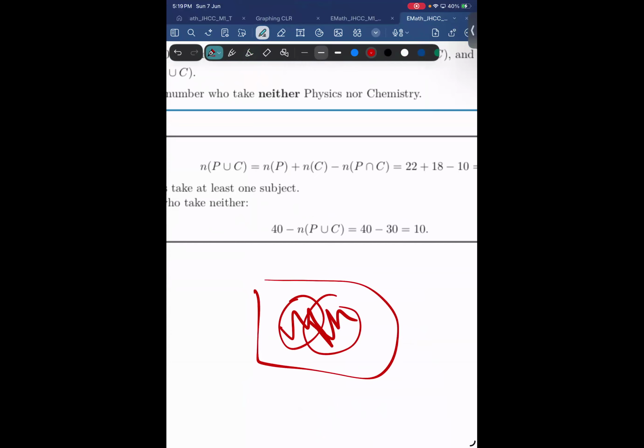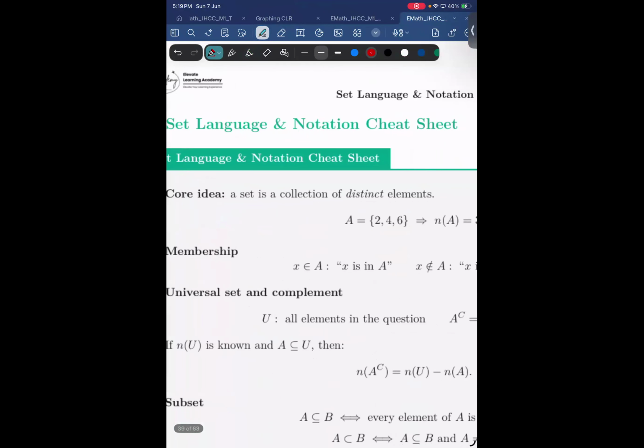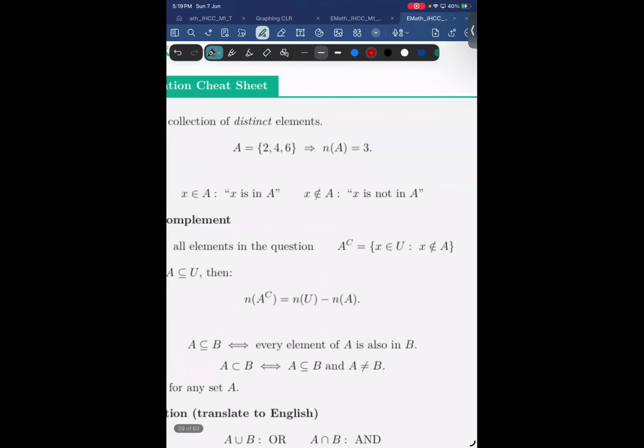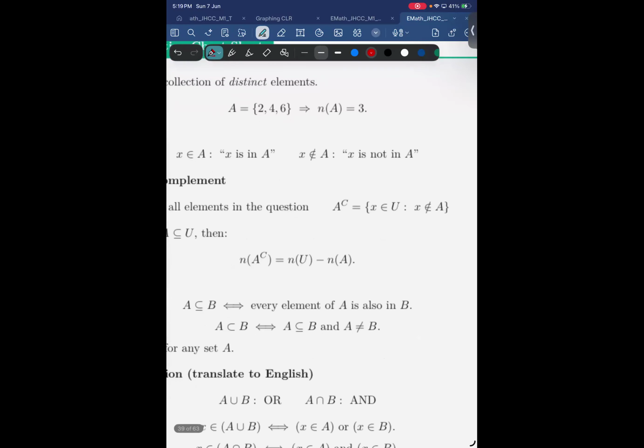Any questions? Okay, so just a quick summary of what we just did. What a set is, what it means to be a member, then the universal set, and then some notation about subsets, empty set, universal set, union, intersect, and most importantly, how to treat it like an English statement and how to interpret it in a Venn diagram and shading.